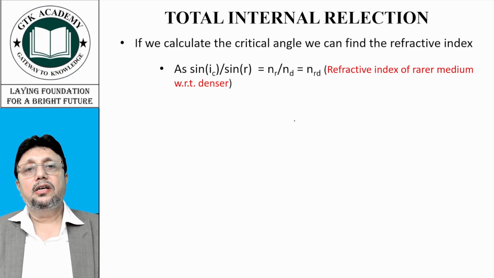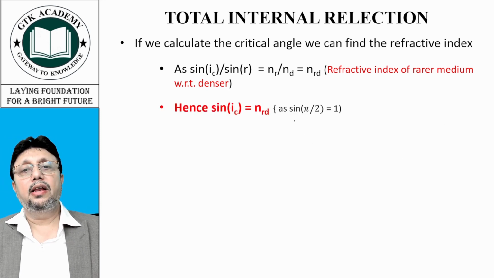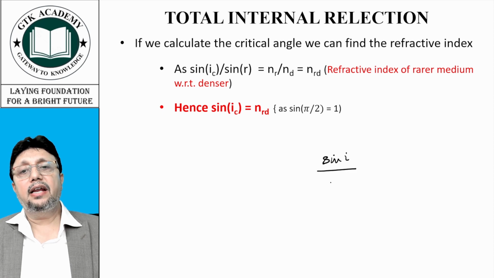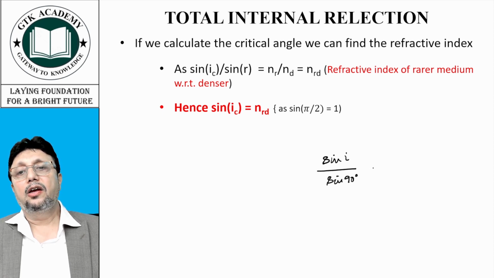So in this case, you can clearly see that sin I upon sin R, since sin R is sin 90 degree, is equal to NRD.